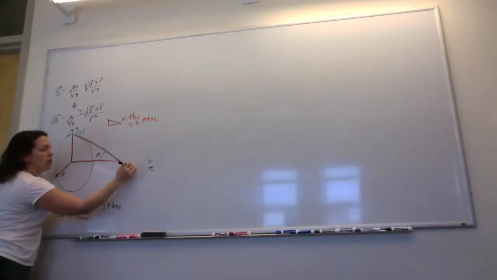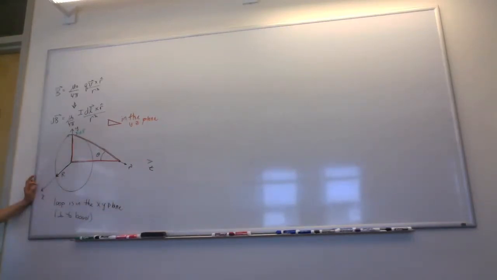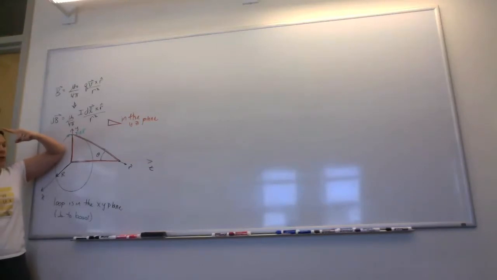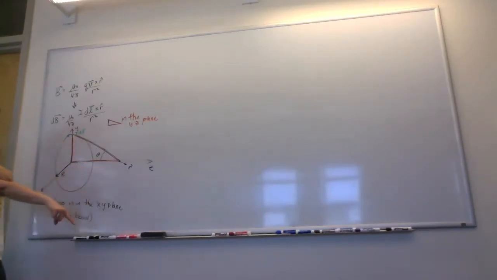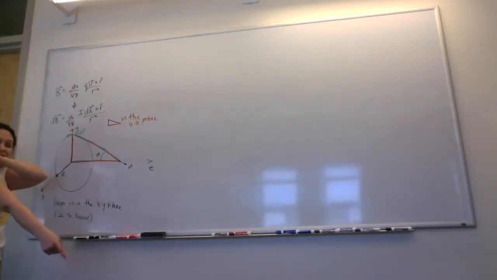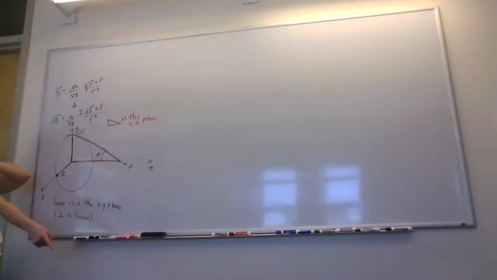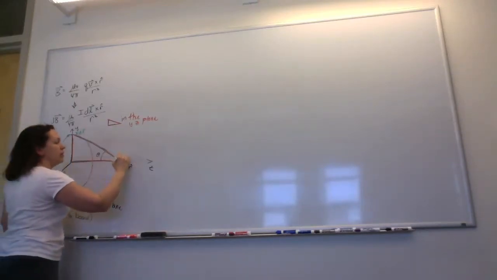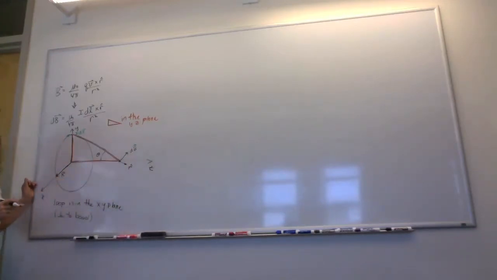So this is actually r hat. Now we get to do the right hand for the fun time. I've got current coming out here, I've got r pointing here, so I've got a little bit of current crossed with r hat. It's kind of cockeyed, but what I have is dB, that little differential element of magnetic field, is in that direction.